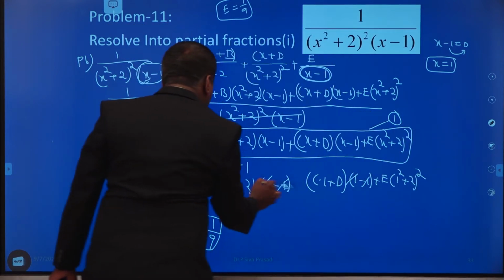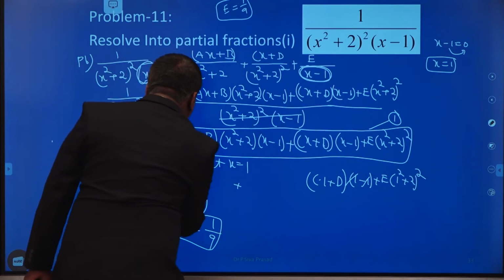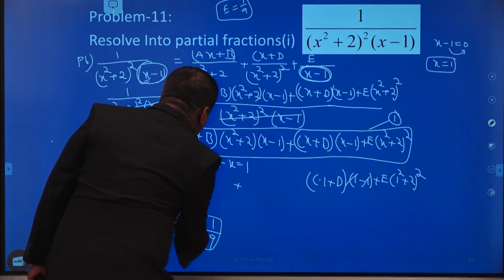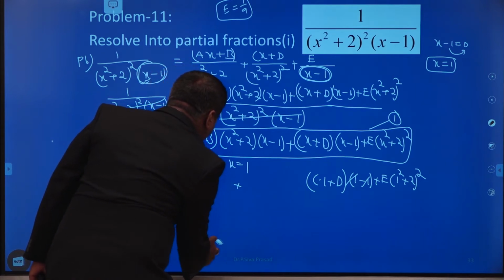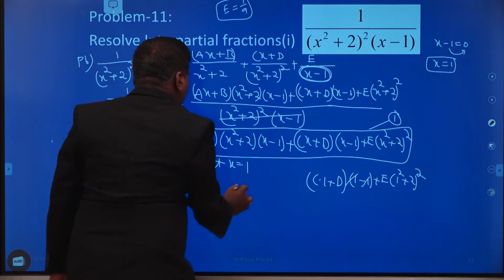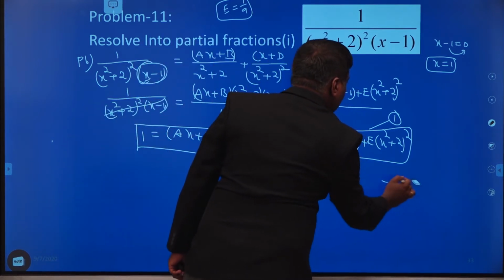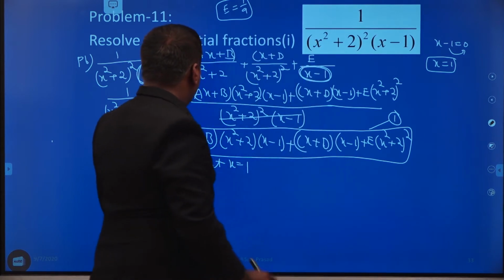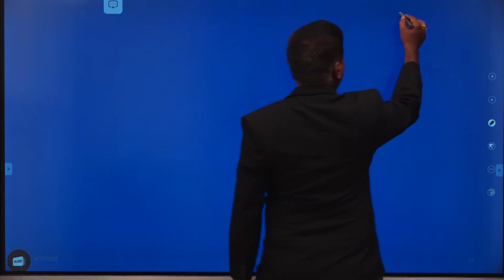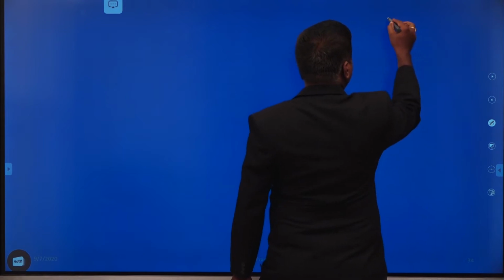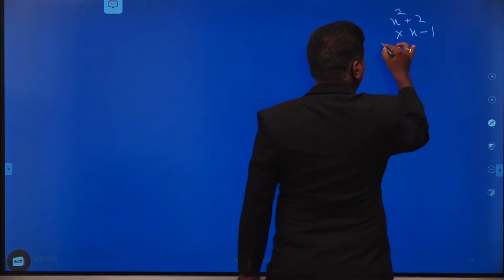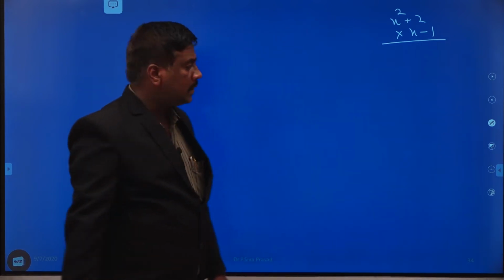I have to multiply these expressions. Please see this. First, multiply (x square plus 2) into (x minus 1). Please do it; this problem has to be practiced.